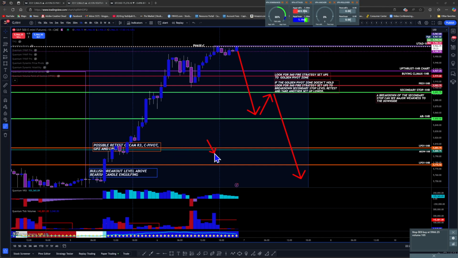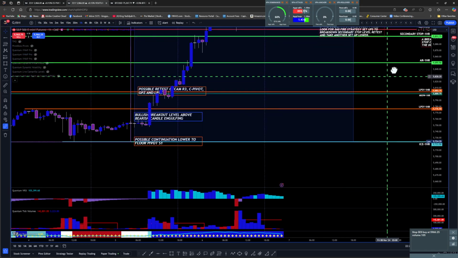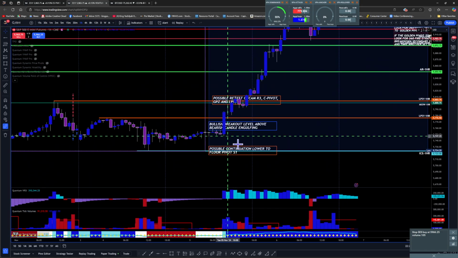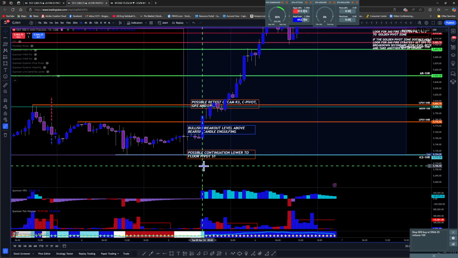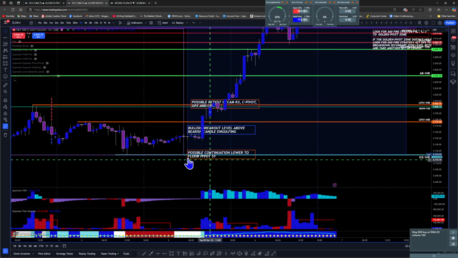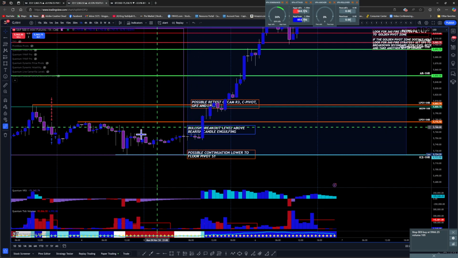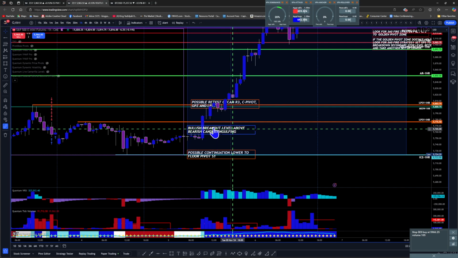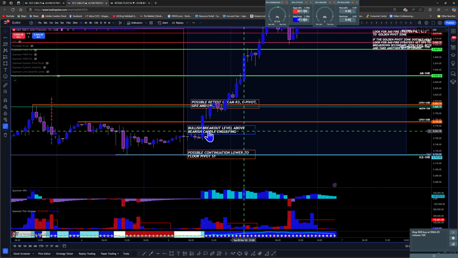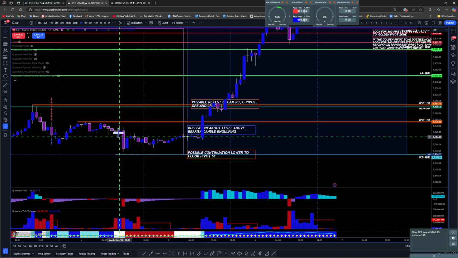So let me just go back over this here. So this is what I was saying on the prior. I didn't move these labels. This was the prior setup. Possible continuation lower if we broke down. The break above this bearish candle, bullish breakout level above the bearish candle engulfing this one right here.